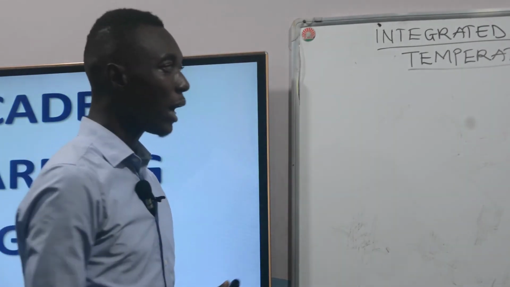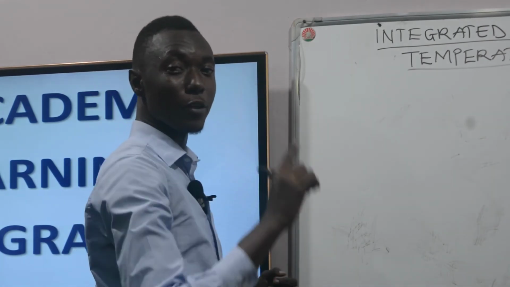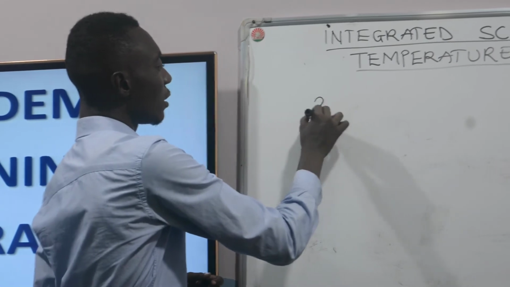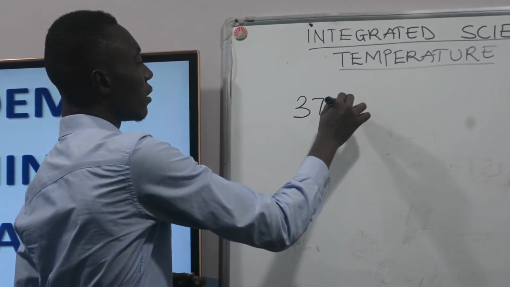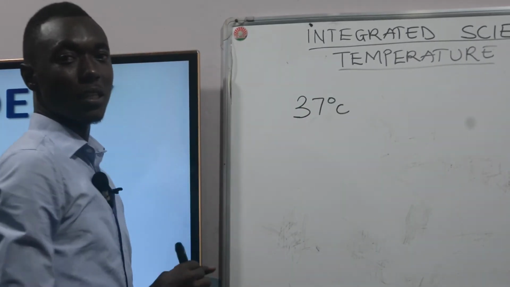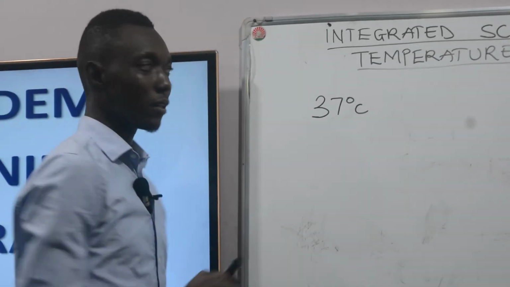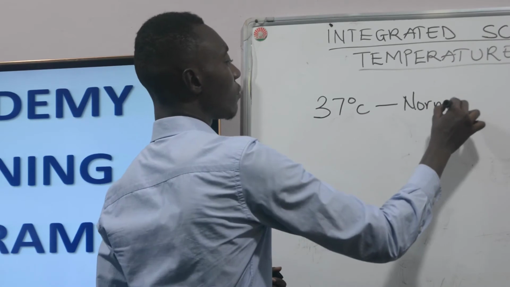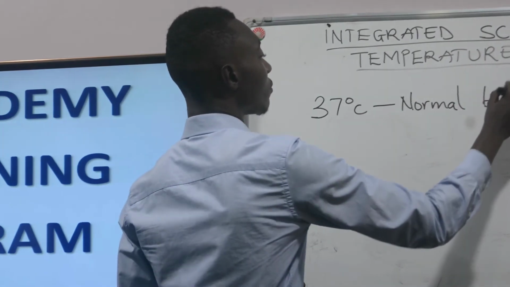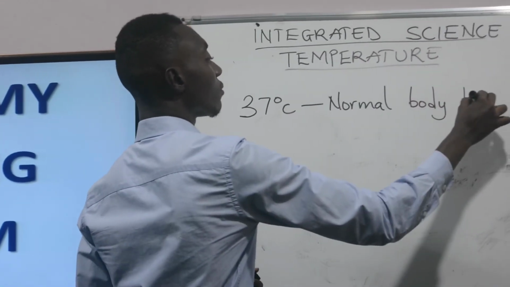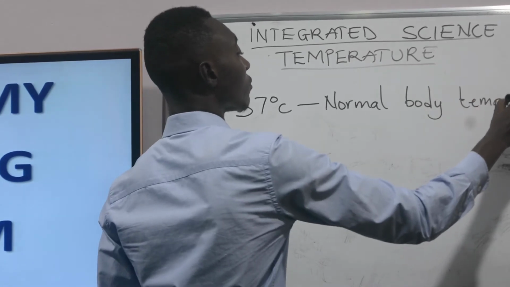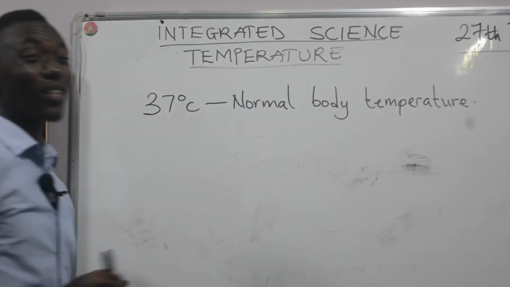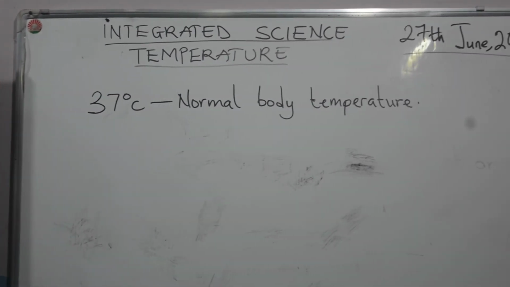Now, the normal body temperature of every human being is approximately 37 degrees Celsius. That's the normal body temperature of every human.